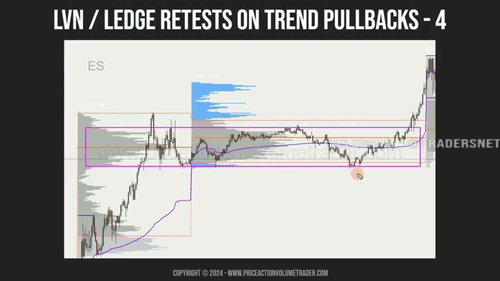Because, and this has happened to me many times before, you start trying to short right down here thinking this has to go down at least into this level, only to get it all absorbed and then have it rip the other way. And again, this is where order flow analysis comes into play, where we can look at a footprint chart and then also try to spot selling absorption right into here.